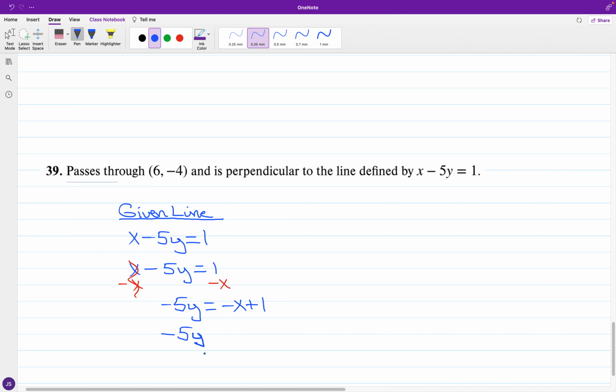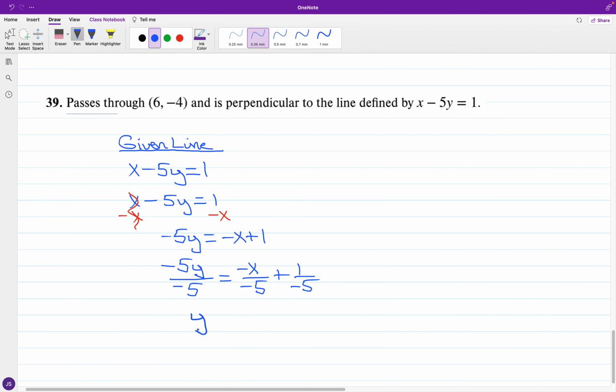And getting in terms of y equals, okay, so we have with division by -5. Okay, so we had that y is equal to 1/5 of x minus 1/5. And so we'll have that the slope m is equal to 1/5.